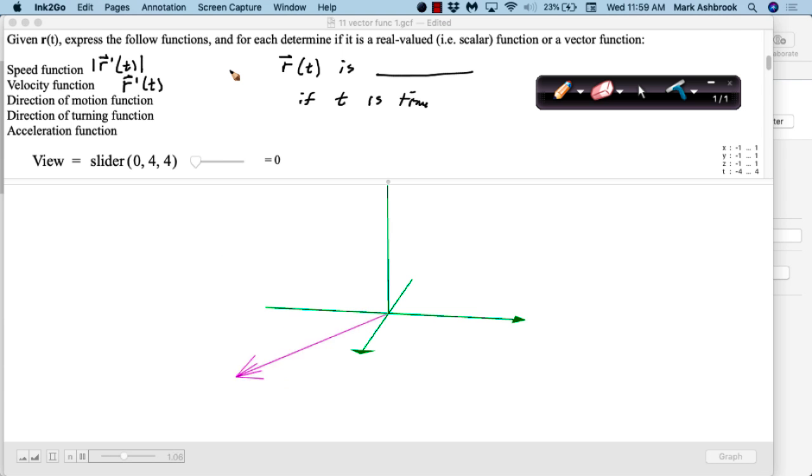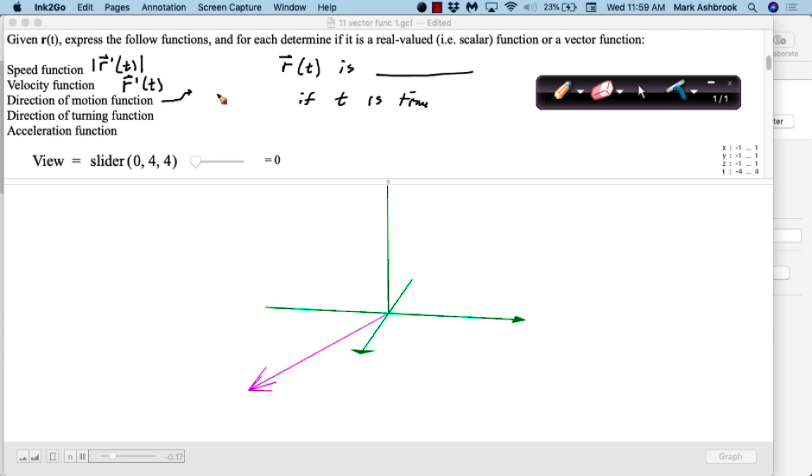Are we good? Okay, direction of motion function. Megan, did you get the direction of motion function? I think it would be a vector. A vector, okay. So what vector would it be? If all we care about is the direction of motion, what vector would that be? John? Is it the unit tangent vector?